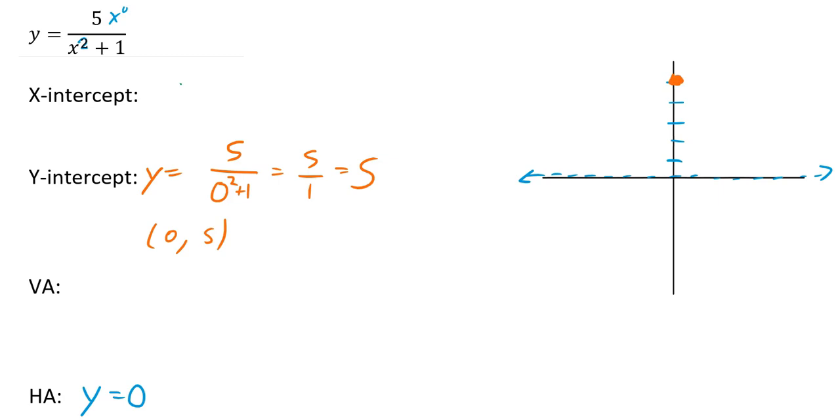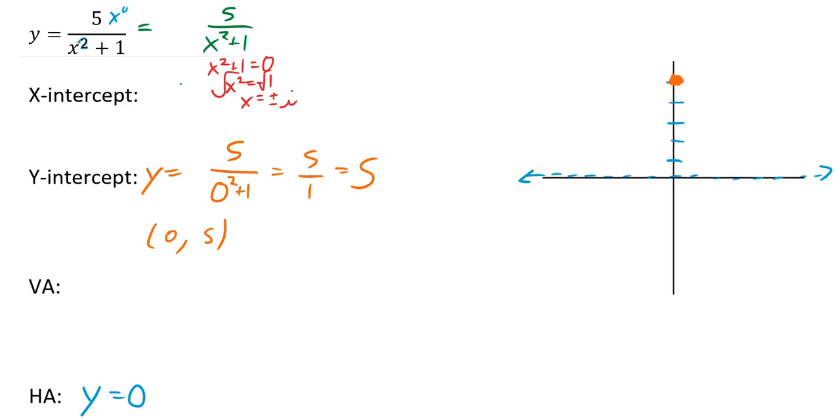Next, I do some factoring. In this case, nothing factors. So I think, okay, nothing factors, so my excluded values should still be in my domain. Excluded values come from what makes the denominator 0, what makes x squared plus 1 equal 0. That happens if x squared is equal to negative 1, which means x is plus or minus i, because I take a square root. x can't be i.